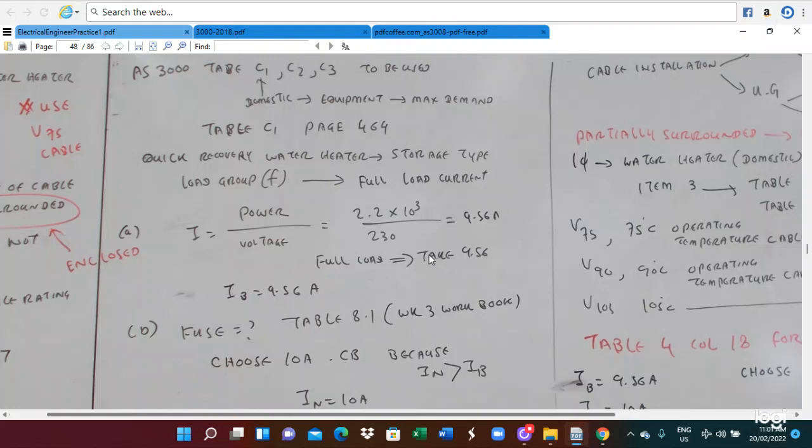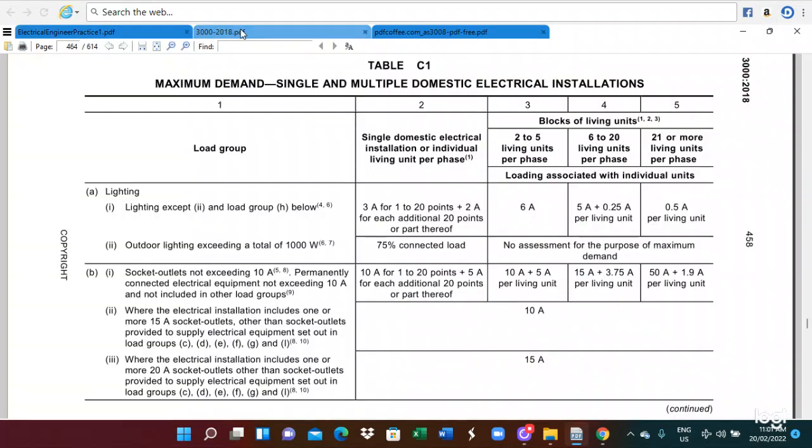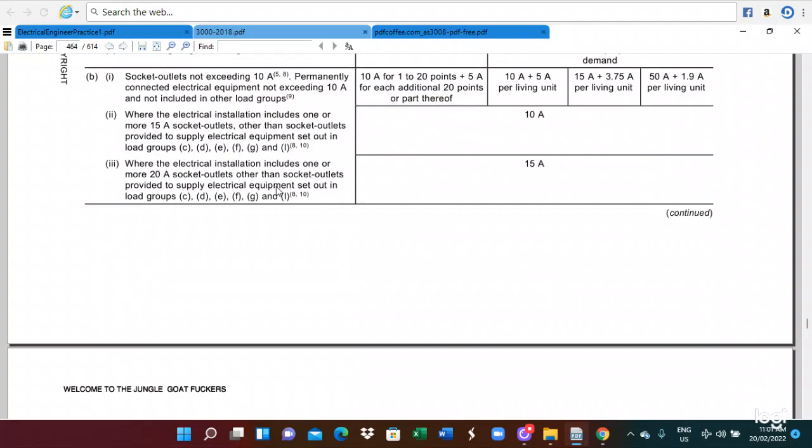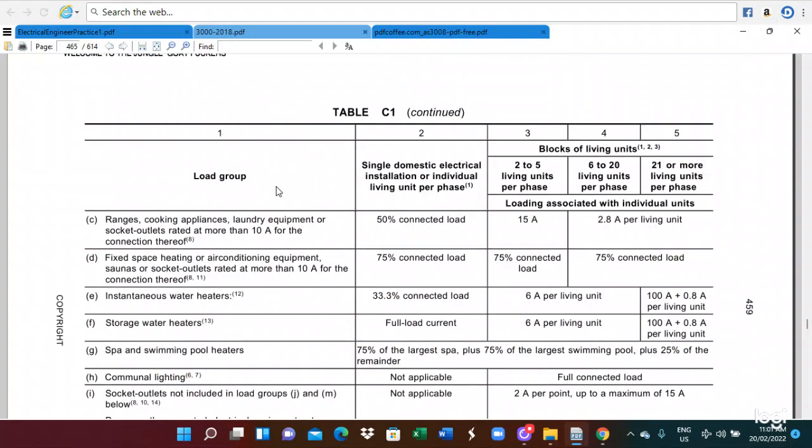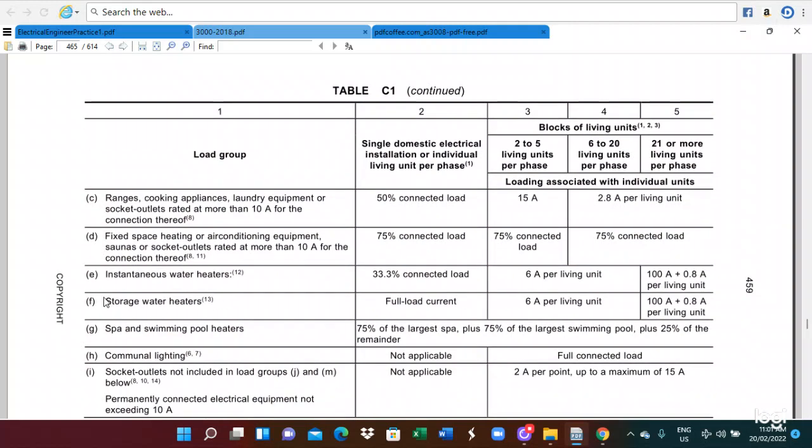So in table C1, quick recovery water heater is load group F. You see the quick recovery water heater, and the slow water heater. So this is load group F.